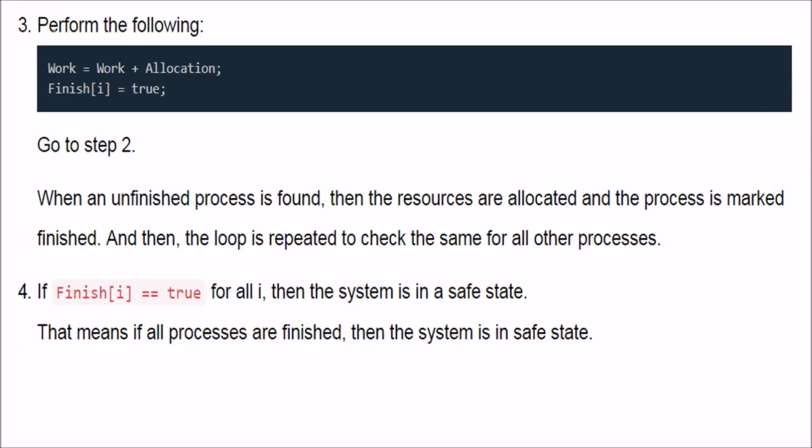Now this is step 3. We have to perform what? When we have allocated, Work will be Work plus Allocation, and Finish[i] will be equal to true. So when an unfinished process is found, the resources are allocated and the process is marked as finished. Then the loop is repeated to check the same for all other processes.